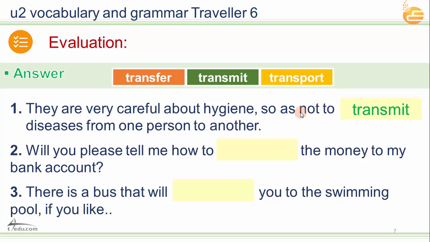So this is why we use hygiene. Two, will you please tell me how to transfer the money to my bank account? And number three, there's a bus that will transport you to the swimming pool if you like. And sometimes transmit and transfer overlap too much.